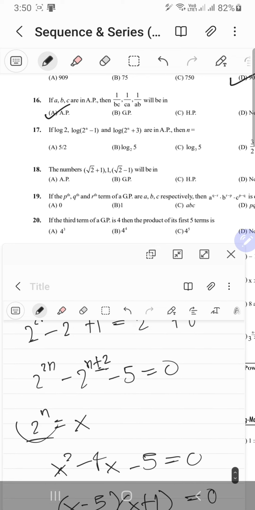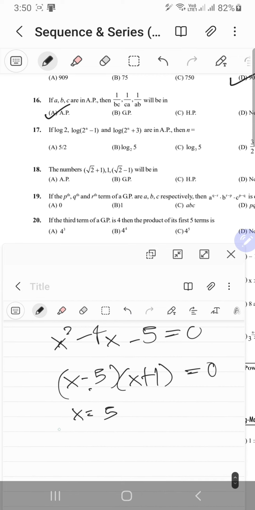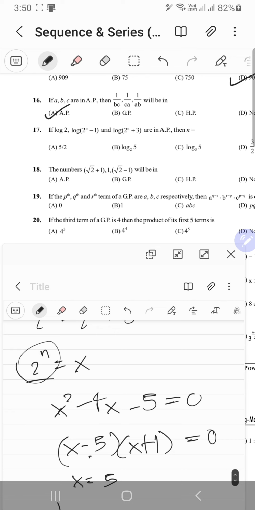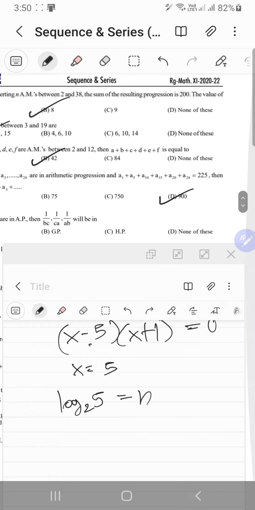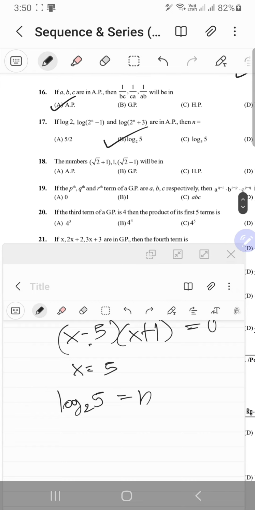But then it's 2 power n. How does that make sense? So log base 2 of 5 is what n is. But how does this make sense? This should be an integer, but maybe n is not necessarily an integer. Then it's correct, log base 2 of 5. This was very weird.